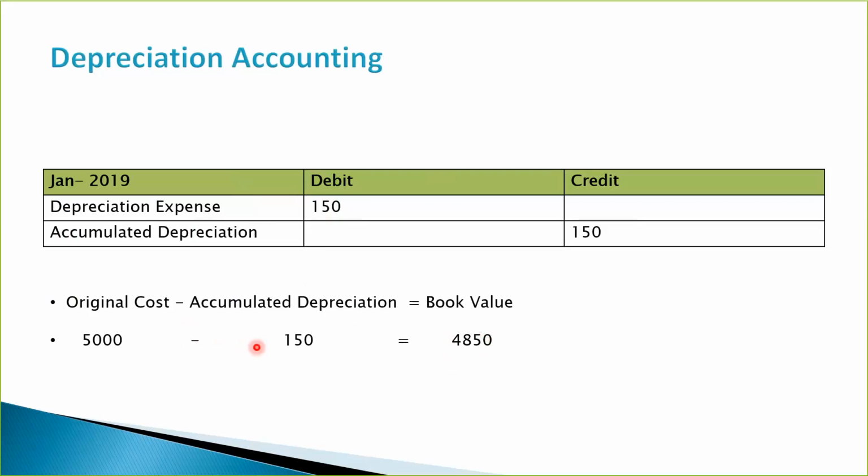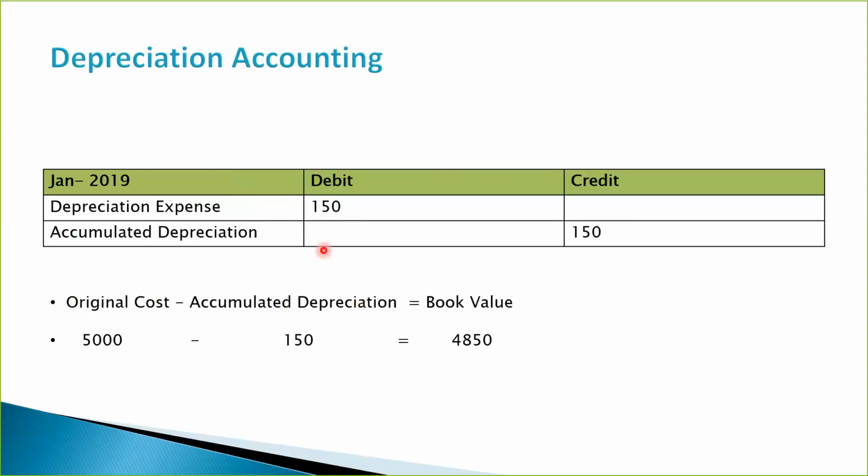After you've depreciated this amount from the original cost. This is assuming that this particular asset does not have a salvage value. If it did have a salvage value, for example, of $1,000, then we would first do 5,000 minus 1,000, we get 4,000.